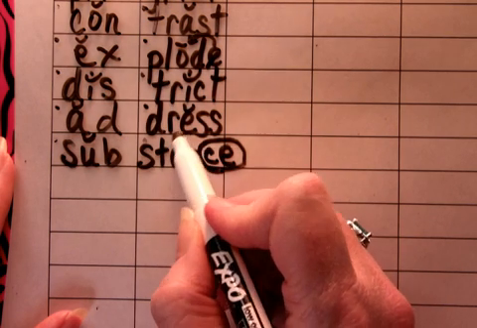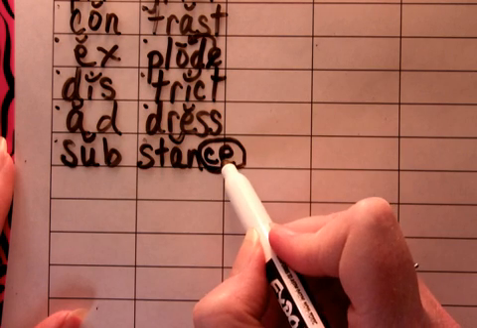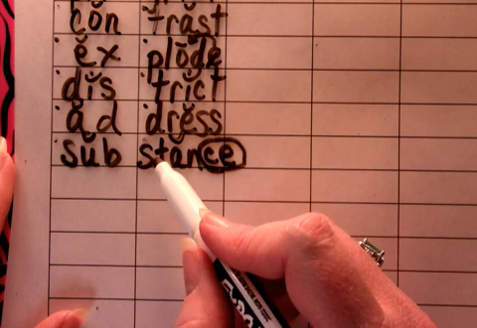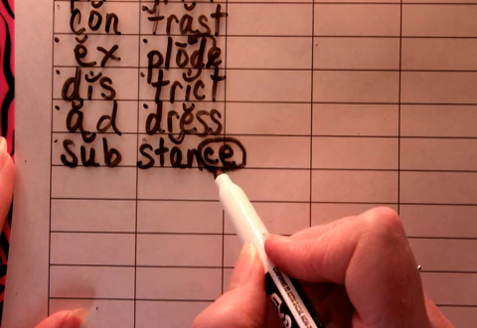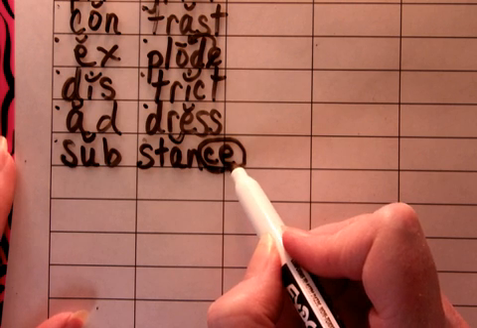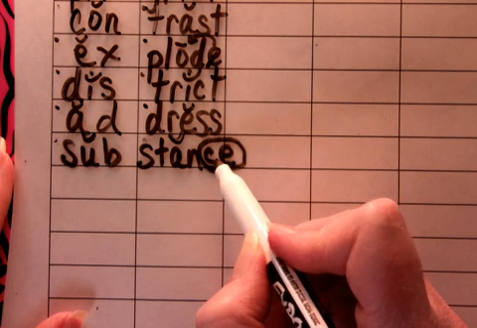That is still short, so we put a breve over the top of it. A silent E cannot jump over two consonants. It can only jump over one consonant. The silent E's only job is to help the C say the S sound.